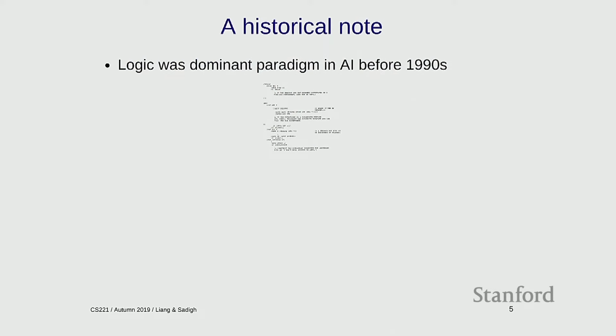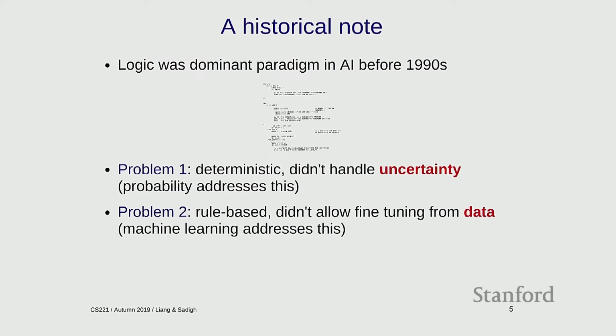Historically, logic was actually the dominant paradigm in AI before the 1990s. It might be hard to believe now, but just imagine the amount of excitement that is going into deep learning today. This equal amount of excitement was going into logic-based methods in AI in the 80s and before that too. But there were 2 problems with logic.